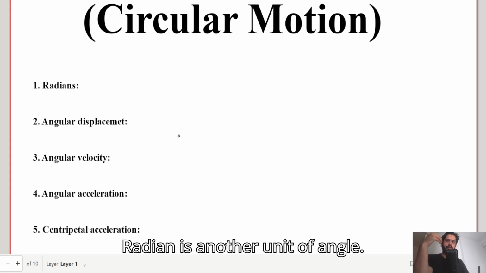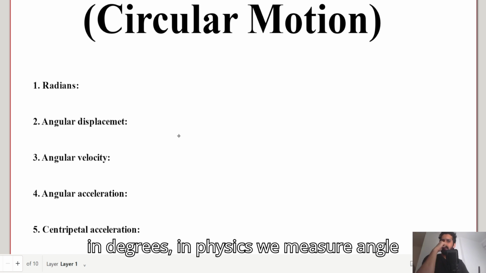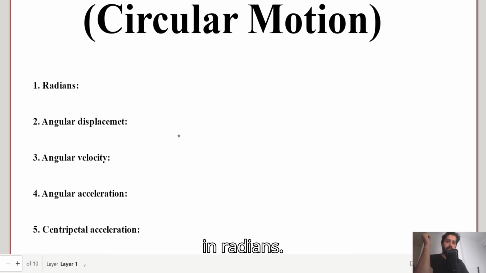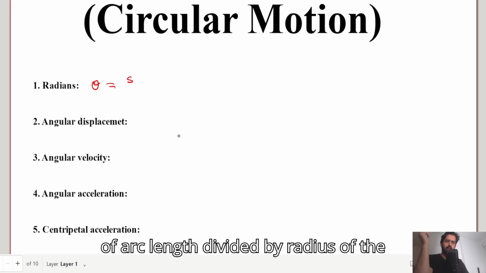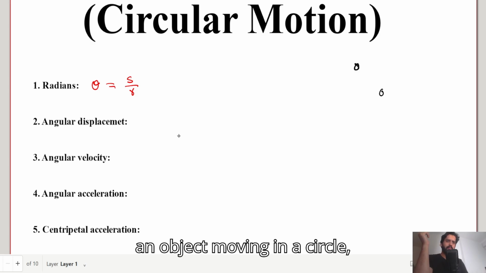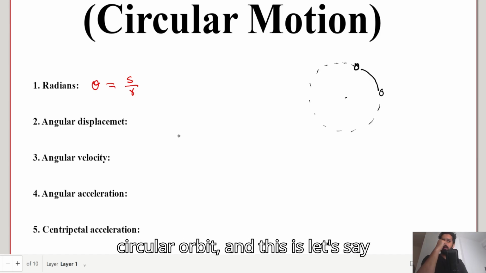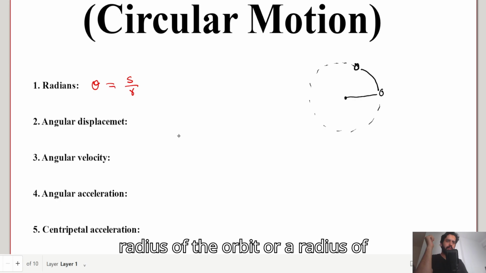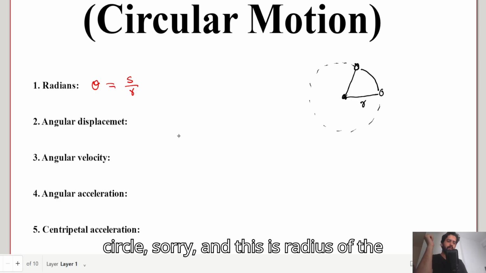Radian is another unit of angle. For example, just like we measure angle in degrees, in physics, we measure angle in radians. Radians is defined as the ratio of arc length divided by radius of the same circle. So imagine that you have an object moving in a circular orbit, and this is the center of the circle, and this is the radius of the circle.